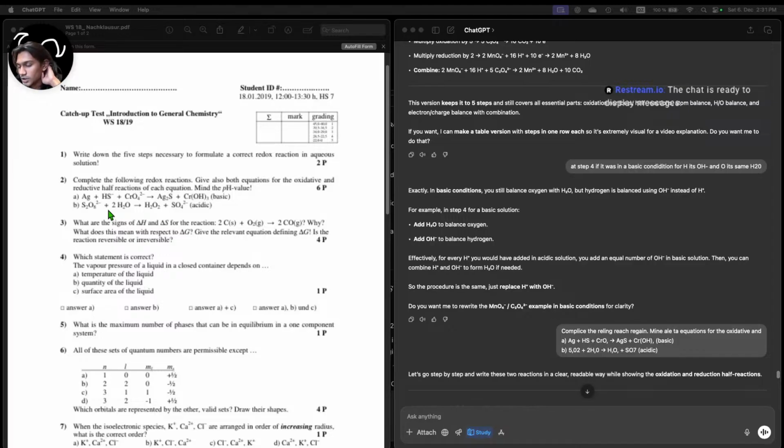Plus 7 to plus 6, still gained an electron. Oxidation.